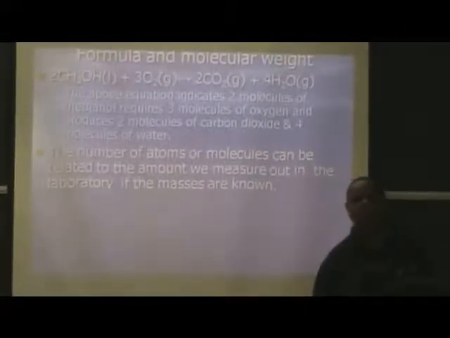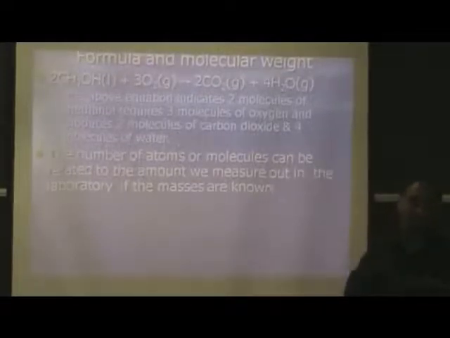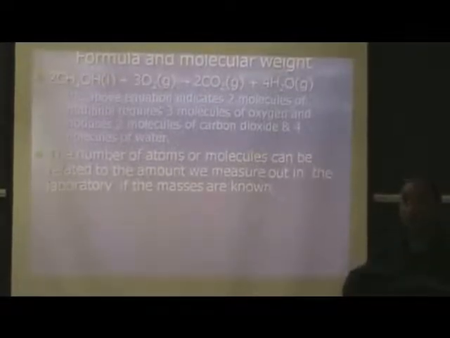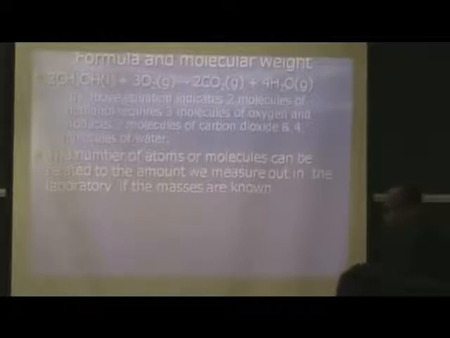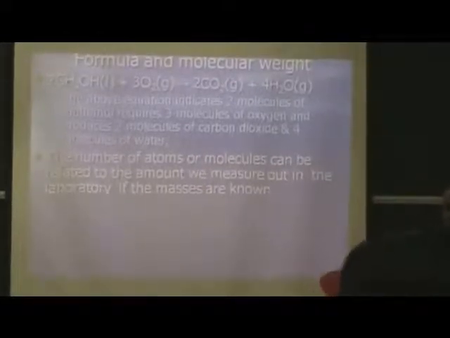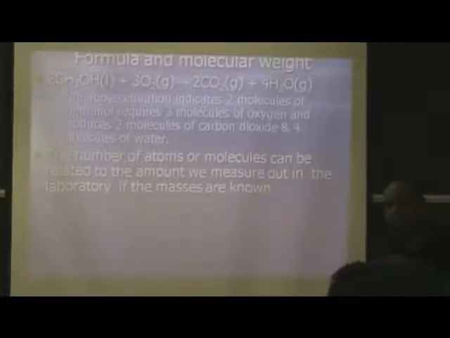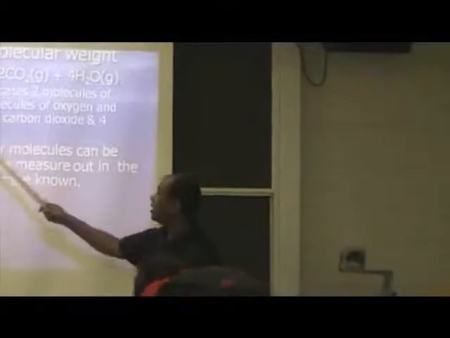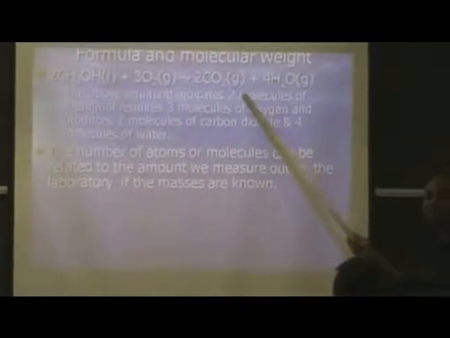A balanced equation tells you why we need to balance the chemical equation. It's not just because of the law of conservation of mass. It's not because we have to, but because it tells us the amount. This is really the concept. This is a key part of stoichiometry. Stoichiometry means how much you have on the left-hand side and how much you get on the product side. That's why we need to balance the equation.